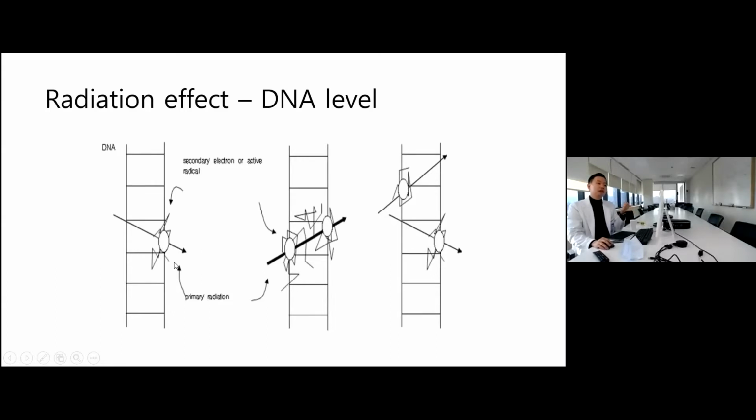So minor damages such as a single strand break or a double strand break, which is at a point far away, can be successfully repaired by DNA repair enzymes. Because as you can see, there is a part which can be replicated, and such a part has a counterpart which is preserved. So according to this paired part, this DNA can be well repaired.